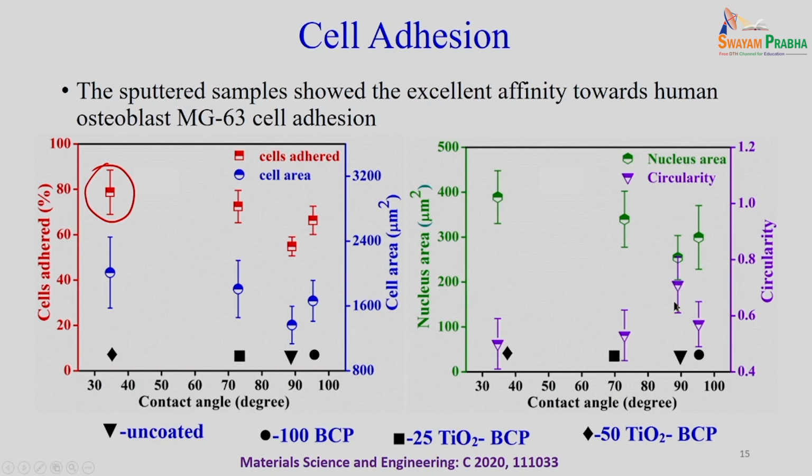So, cell circularity is decreased on the coated surfaces. In this way, we can improve the biocompatibility or the bioactivity of the titania based implant material by simply coating the calcium phosphate.